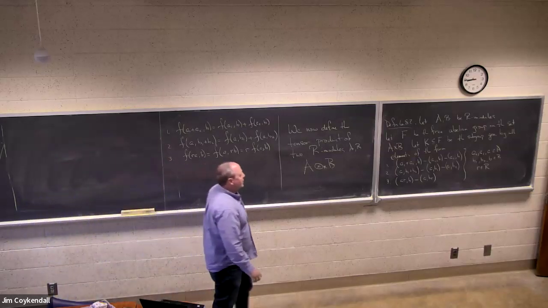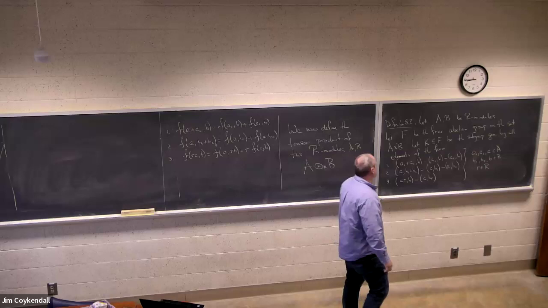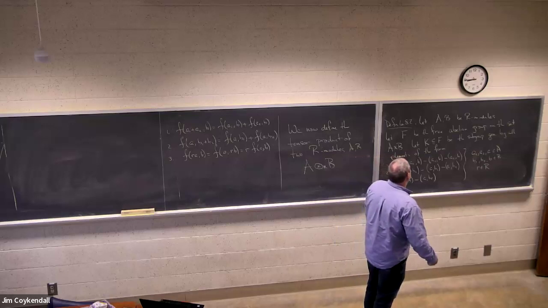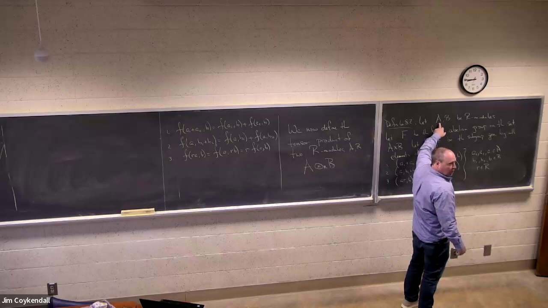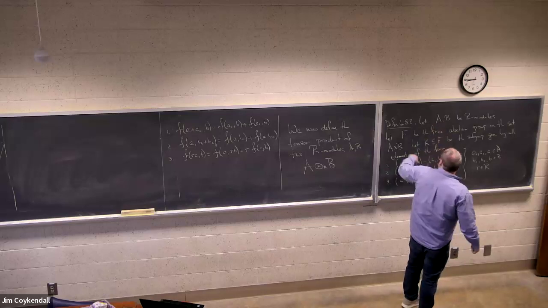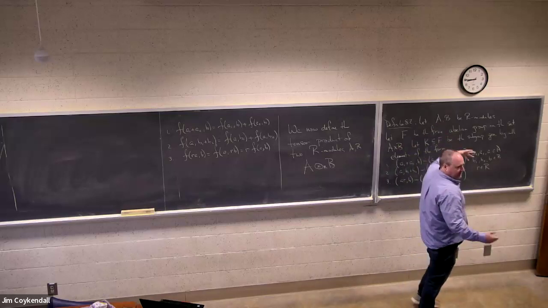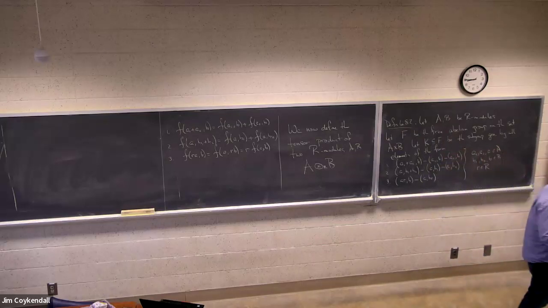So, for example, if I did the analog with just one A, right? Then let's suppose that A is Z, and I said, okay, I'm going to take the free abelian group on Z. Z by itself is generated by one, right?